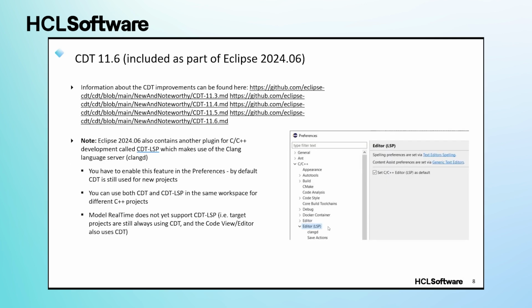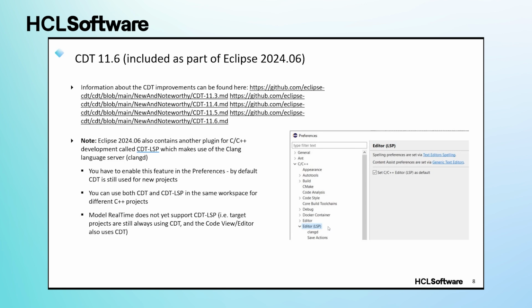So CDT also has lots of improvements that you can read about on these links. There is one note I'd like to make, something you may notice when you look in preferences in the new Eclipse, and that is under C++ editor, there is something called editor LSP.